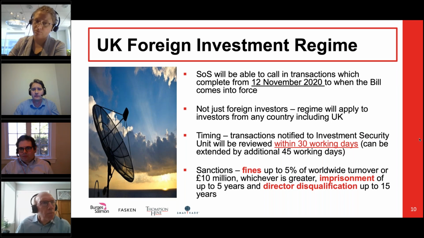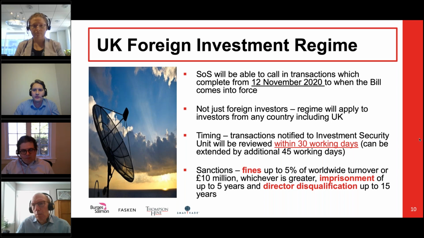And we've had some recent experience of that, where we have approached the relevant unit to discuss potential transactions and try to determine whether they might be interested in a certain transaction. They've been very helpful in giving us guidance on that, so it's certainly recommended at this stage.